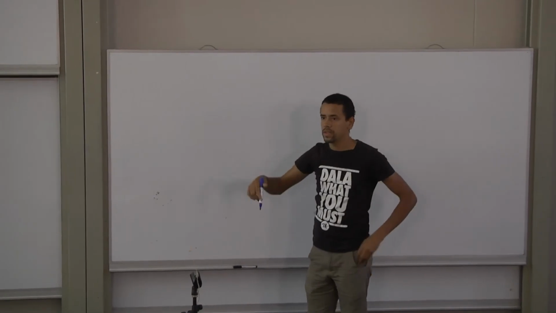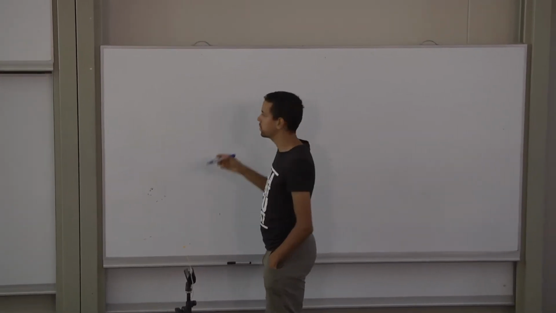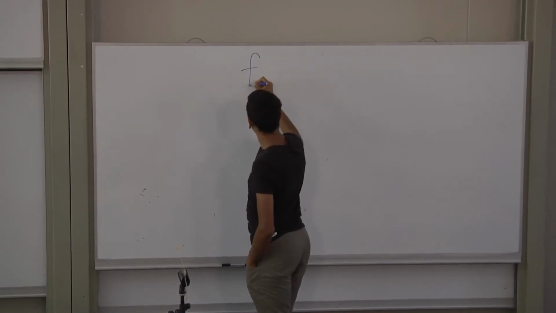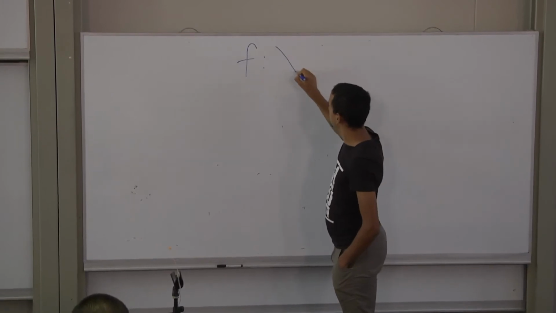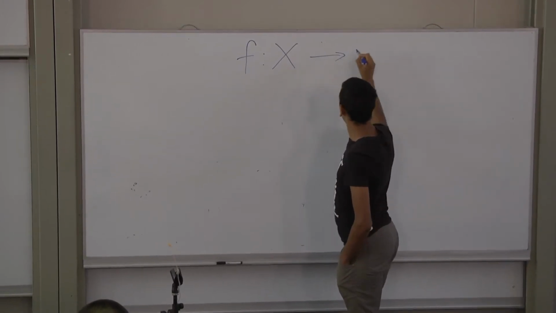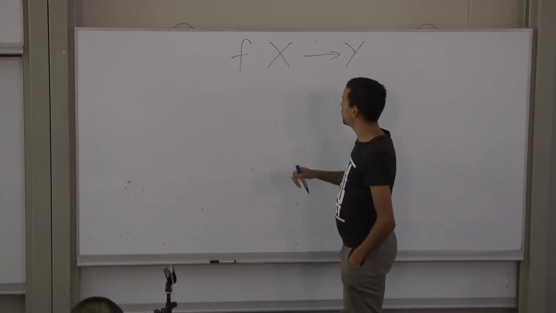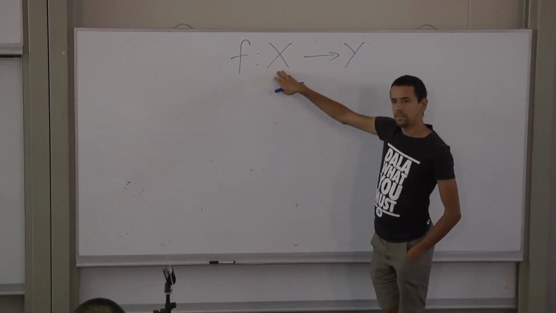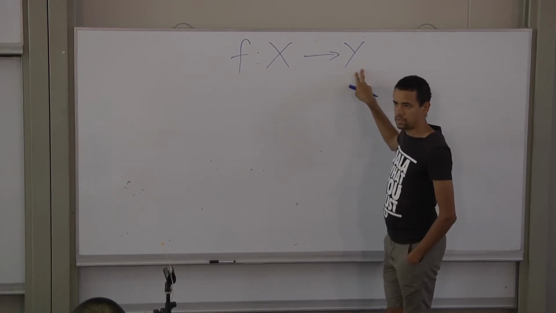So a function is some mapping. It doesn't matter what letter we call it. We can call it different things, but it has some name. It's some mapping that goes from one set to another set. And what it does is for each element in the first set, it outputs a specific element in the second set.